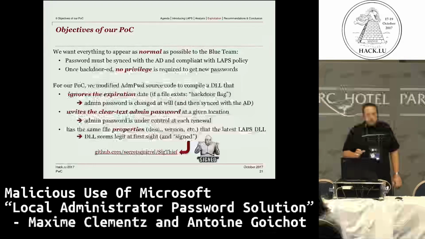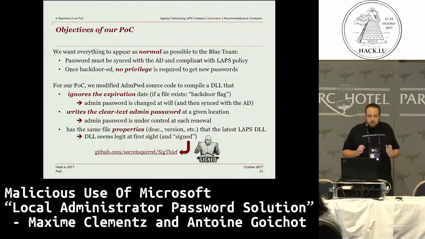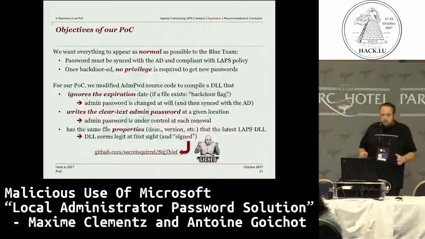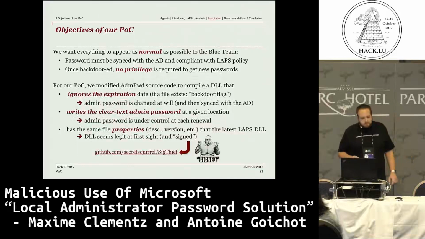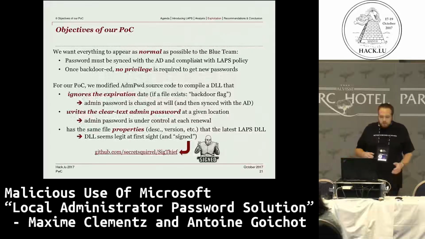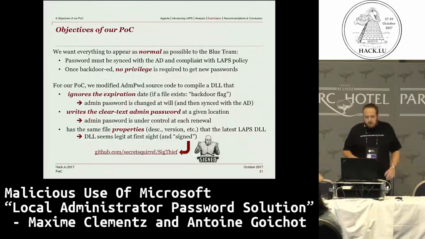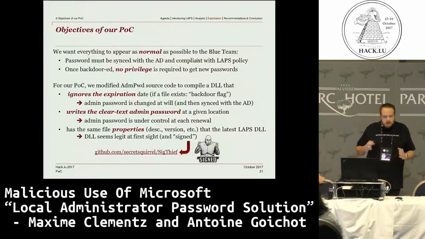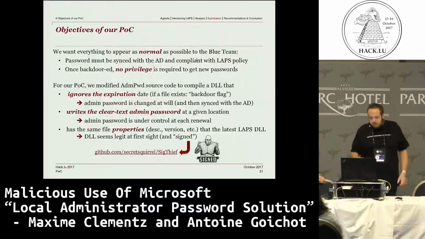So we can bypass the expiration time if a special flag exists. So in our case, it will be a file named backdoor.txt placed at a special location, and the password will be written in a file just near the backdoor, and so we will have the password at each password change, in fact.